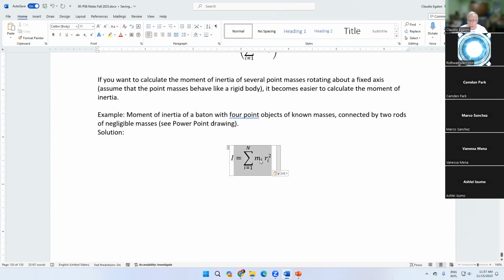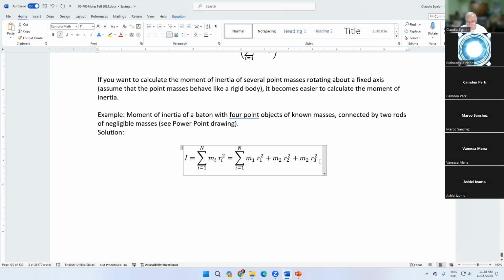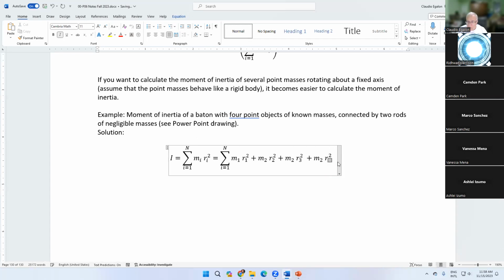It is going to be M1 R1 squared, M2 R2 squared, M3 R3 squared, M4 R4 squared.